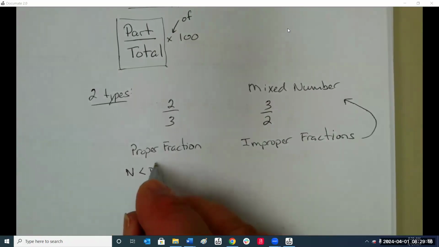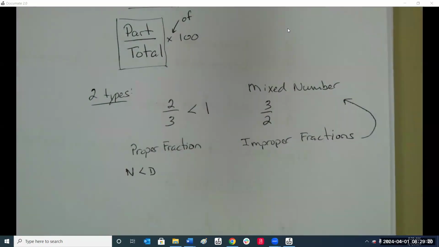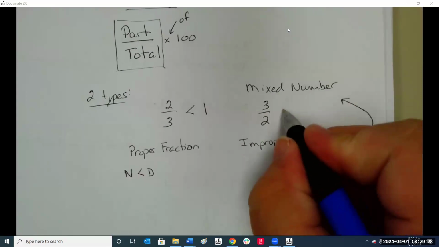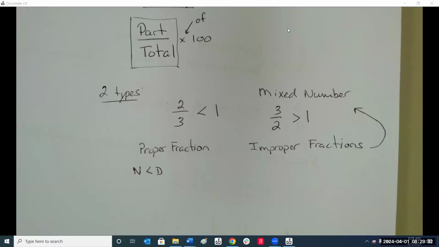Yes. This is going to be less than 1. It's always going to be a decimal between 0 and 1. These are always going to be greater than 1.